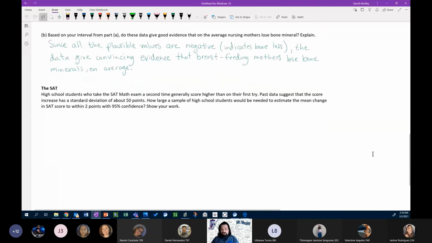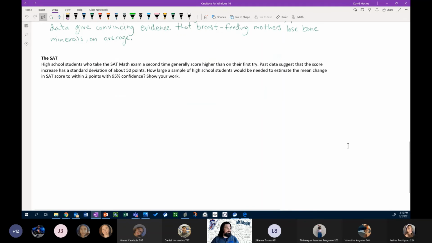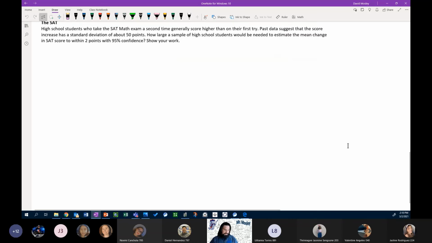Is there anything I can clarify? So we'll go to our last example here. High school students who take the SAT math exam a second time generally score higher than on their first try.